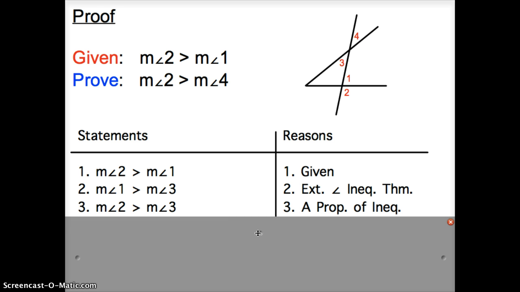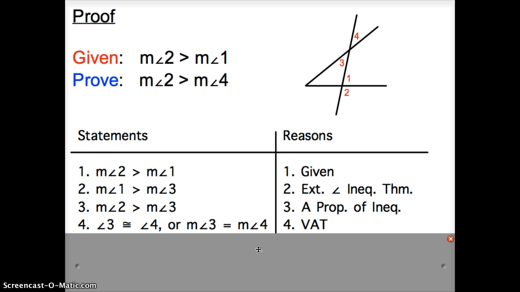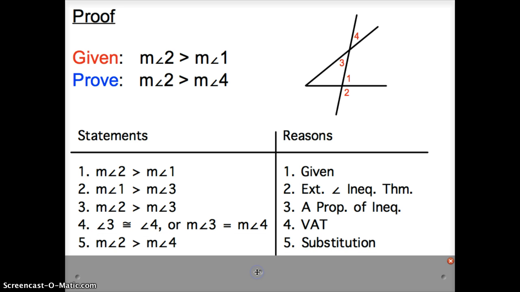One of the properties of inequality. Can you figure out which property that is? Step number 4, angle 3 is congruent to angle 4, vertical angles theorem. And then finally, we said because of that the measure of angle 2 is greater than the measure of angle 4.